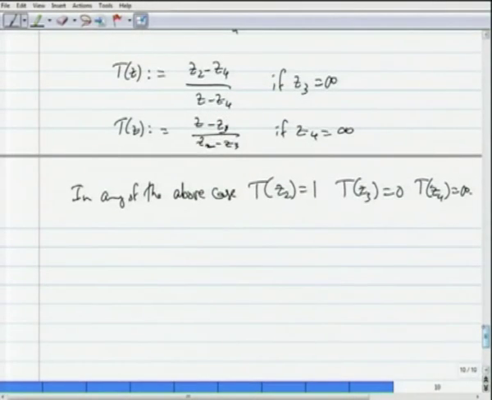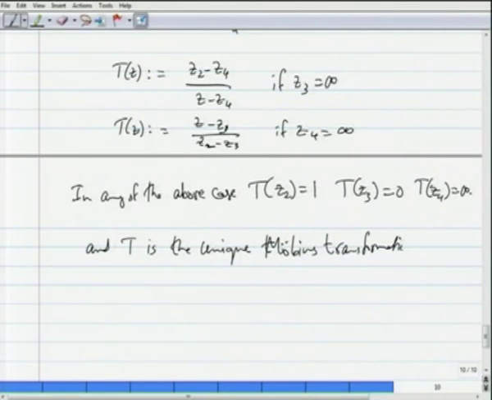Okay. And T is the unique Mobius transformation with this property.